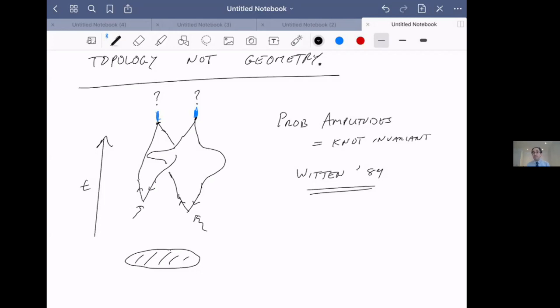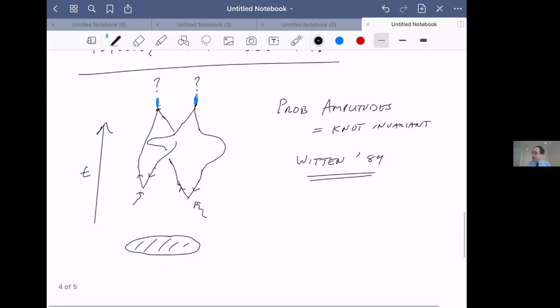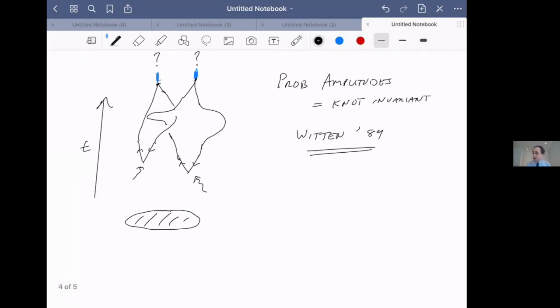It makes a connection between quantum field theories and knots. Many things were done in this one paper by Witten, but one of the things that he did, which was particularly interesting, is he made a mapping between some known topological quantum field theories.